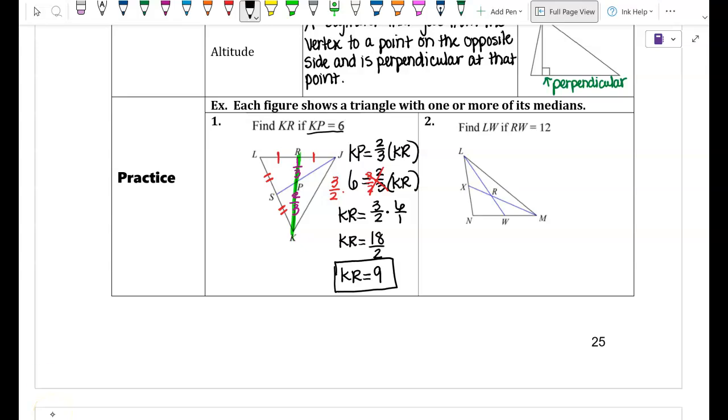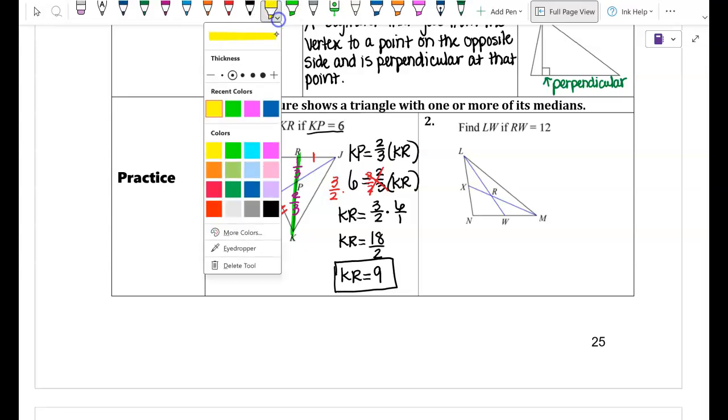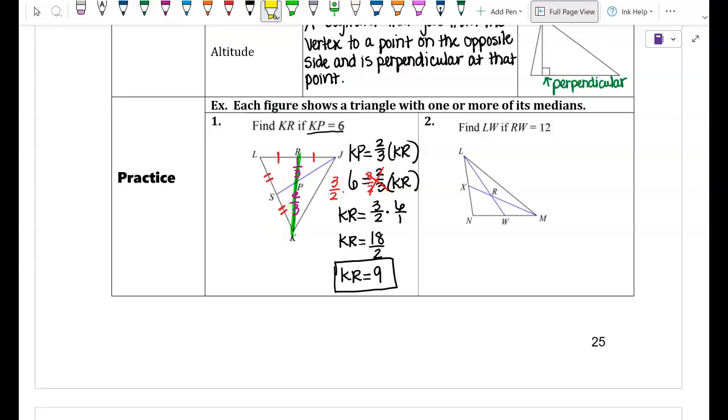Number 2 says find LW if RW equals 12. Okay, so this is again where we need to pay attention to the information we're given. They want us to find LW, which is the entire segment there. Again, we know that LW is broken up.